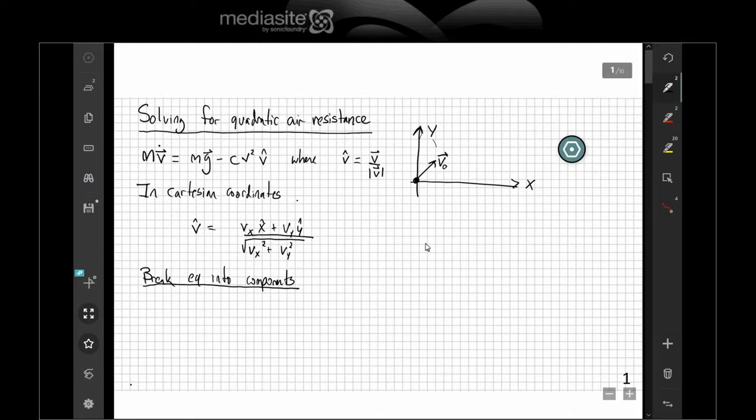Here I'm going to get v squared, which is vx squared plus vy squared, times v hat, and v hat is vx x hat plus vy y hat divided by the magnitude, or the speed. Now if I look at that product, this is the square of this thing here.